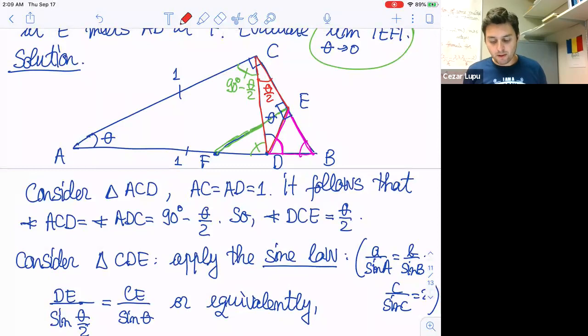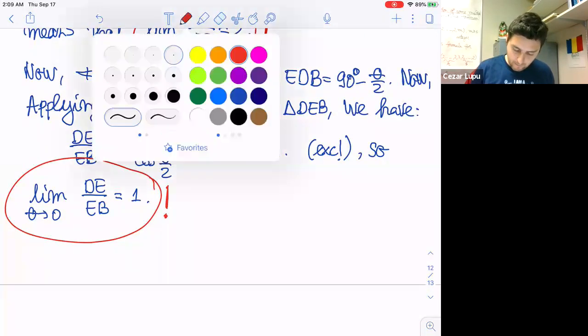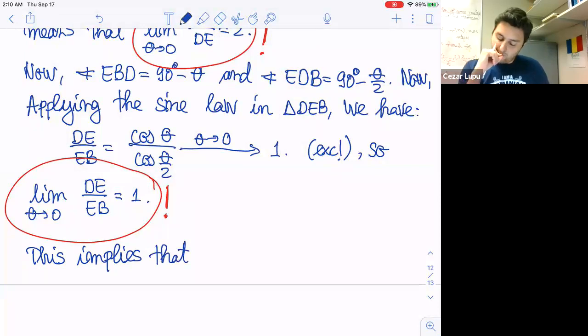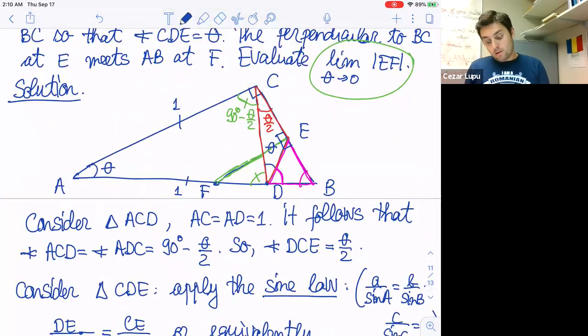Maybe we can get some information about this ratio, EB over CE. So let's look at the picture again.